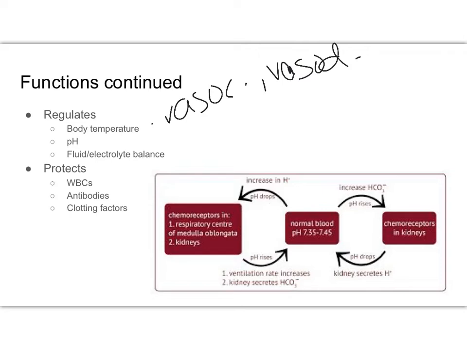Remember, pH is basically our acid levels in our blood, and acid levels are basically regulated through our blood with the gases, okay? With the bicarbonate and carbonic acid that is used to carry the CO2. Okay? And so basically you're going to have receptors in the blood that are going to measure pH levels.